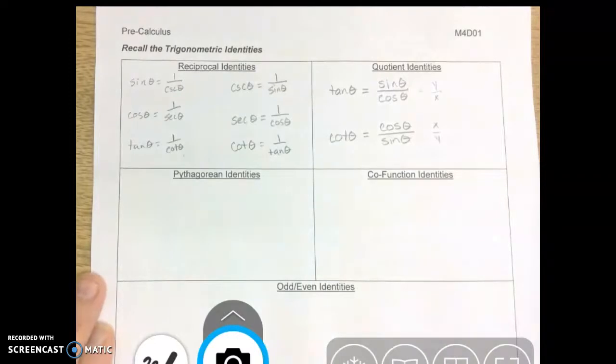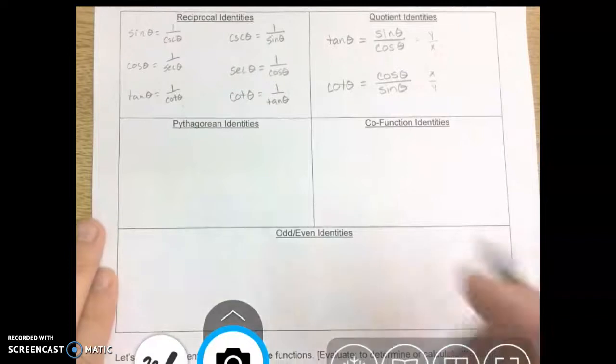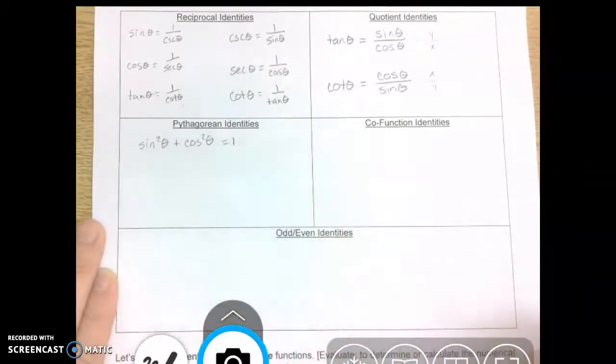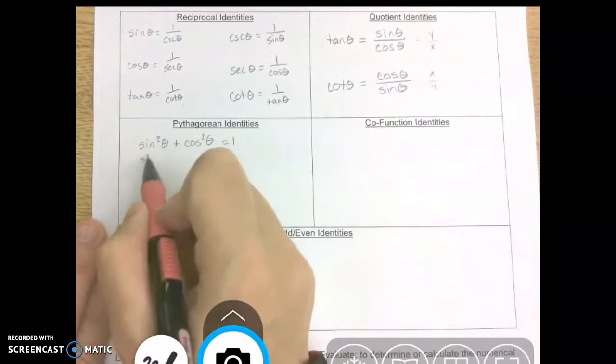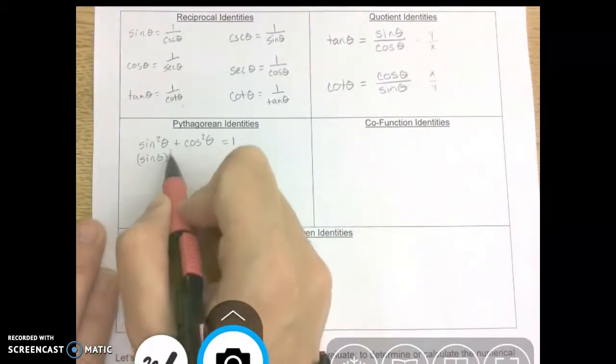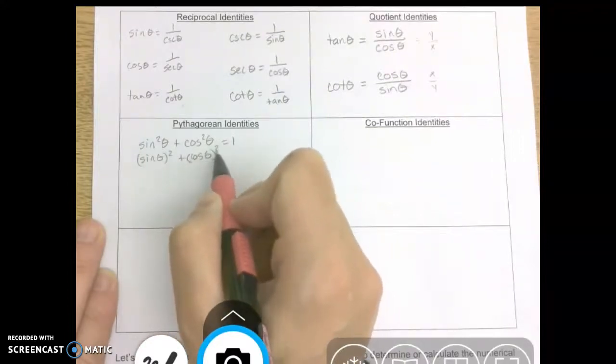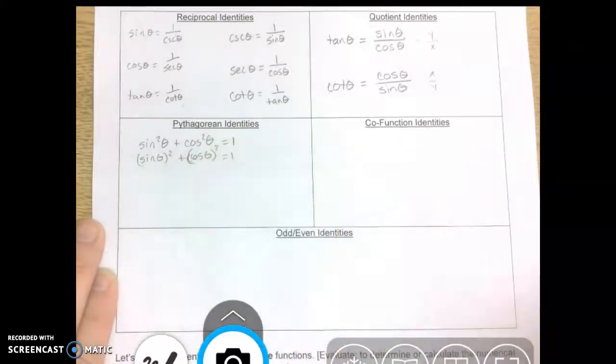Then we talked about Pythagorean identities. Our Pythagorean identities, the first one was sine squared theta plus cosine squared theta is equal to 1. And remember, this just means that the sine of theta squared plus the cosine of theta squared is equal to 1.